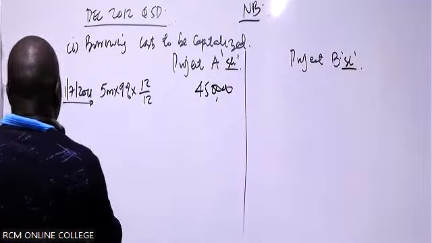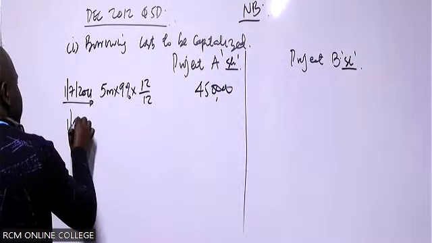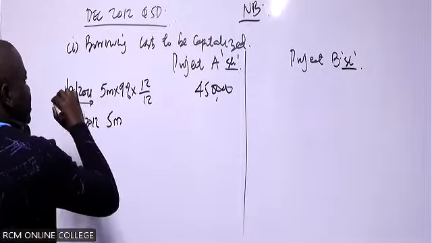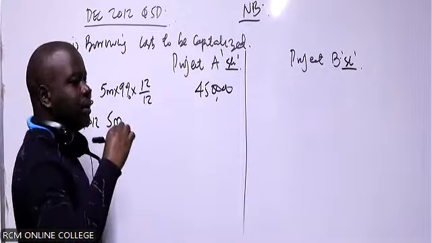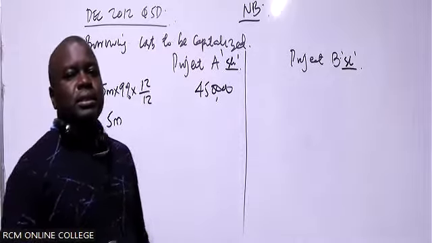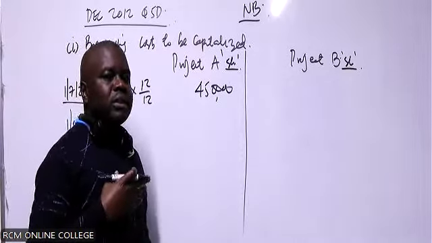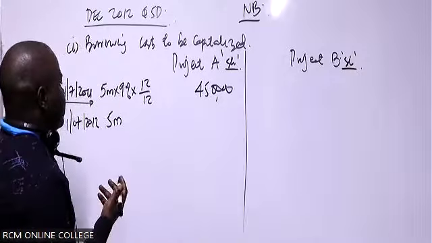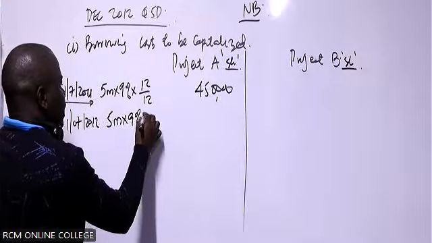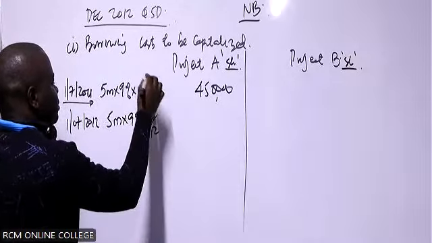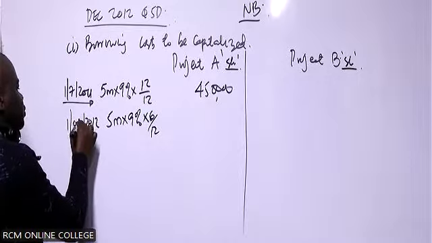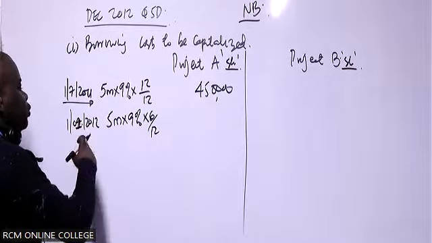Then on 1st of January 2012, they actually put in what? They actually spent. Capitalization is actually based on when the money was actually spent. So after the 6 months, they actually put in another 5 million. And this one now is only for 6 months, because it was from 1st of January up to end of June.